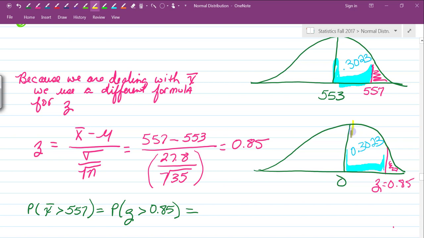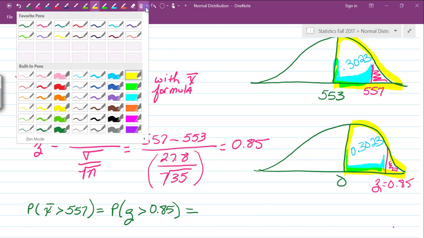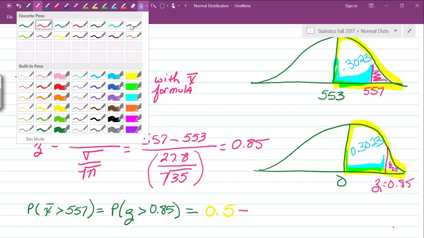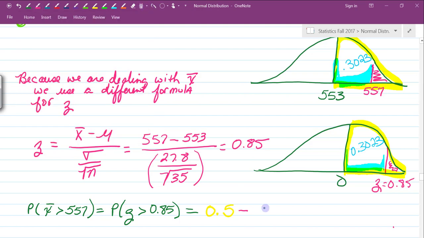So let me see, can I find a yellow pen? I can find a yellow pen. So that is equal to 0.5 minus my blue part right in here. So we'll grab our blue pen of 0.3023 is equal to this last area right in here that I need it to equal to, which is 0.1977.